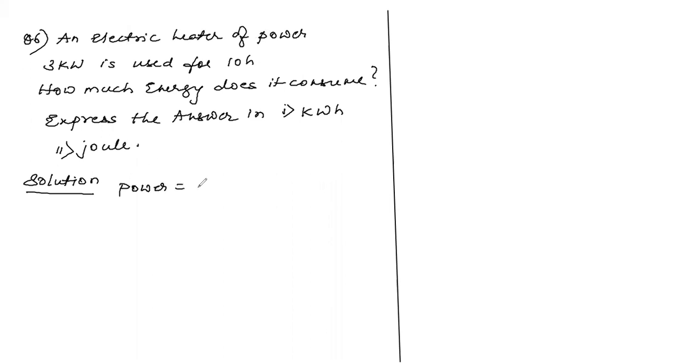Power is 3 kilowatt, meaning 3,000 watts, or 3,000 joules per second. Are you getting me? It is doing work. It is used for 10 hours. Time is 10 hours. It is doing 3,000 joules of energy per second and it has been used for 10 hours. How much energy does it consume?